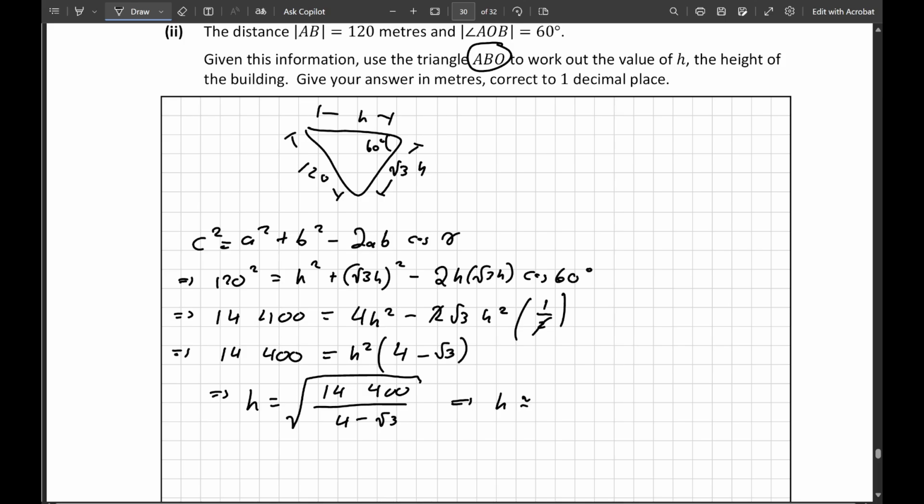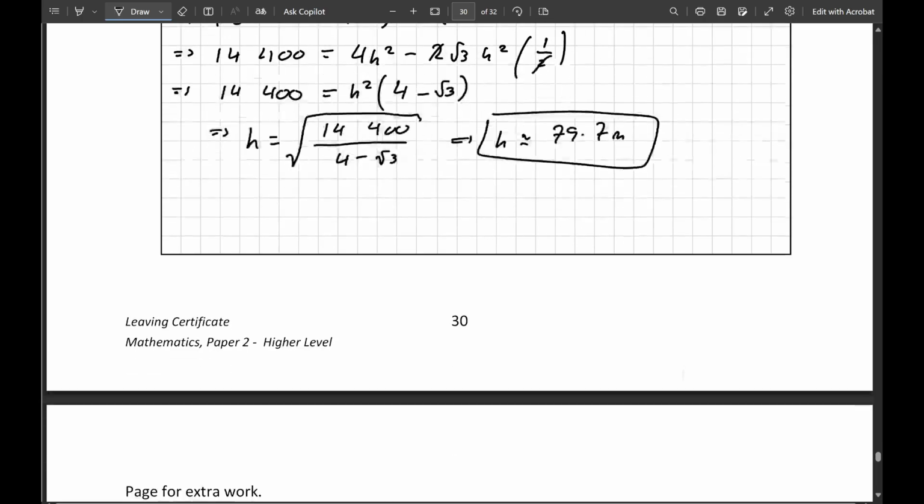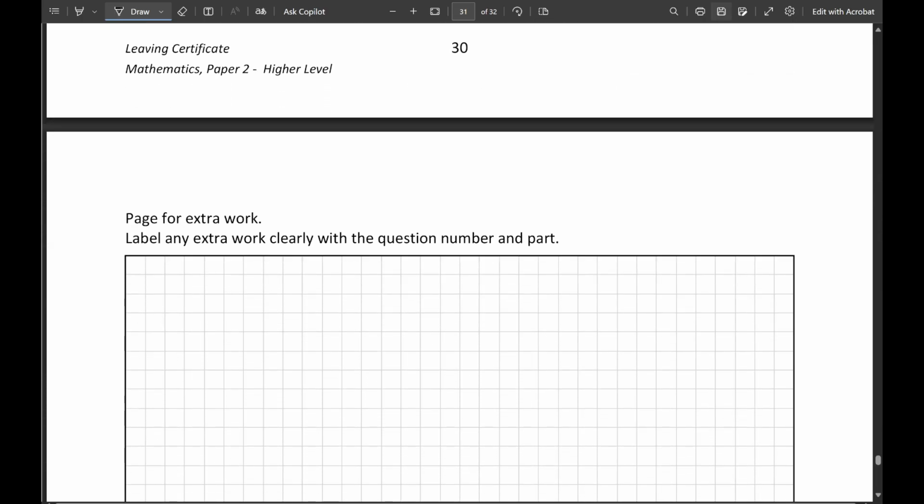And so 14,400 all over 4 minus root 3, square rooted, to one decimal place, is 79.7 meters. Okay. Please let that be it. Oh, thank God. Okay, right.